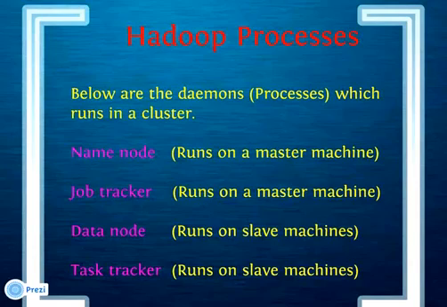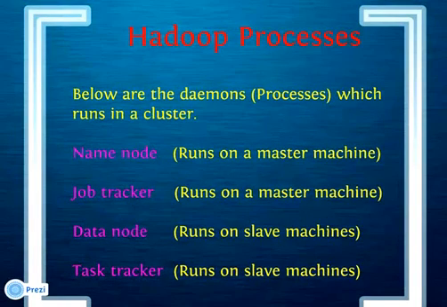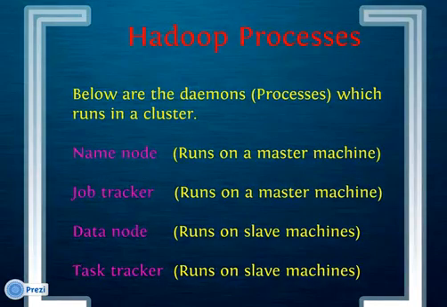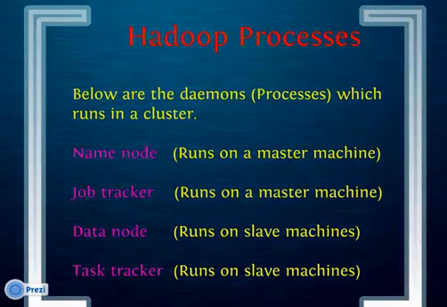Similarly, we have the next process, task tracker, which is related to job tracker. Both processes are working for your MapReduce, you can say your processing part, with the only difference that job tracker is running on the master machine and task tracker is running on the slave machine. So this is all about the different services, different processes running on your machine.